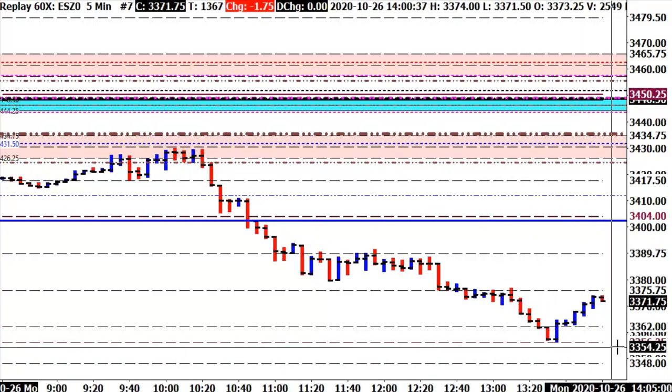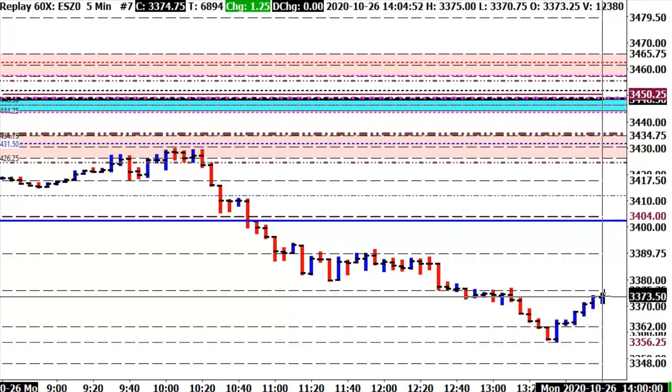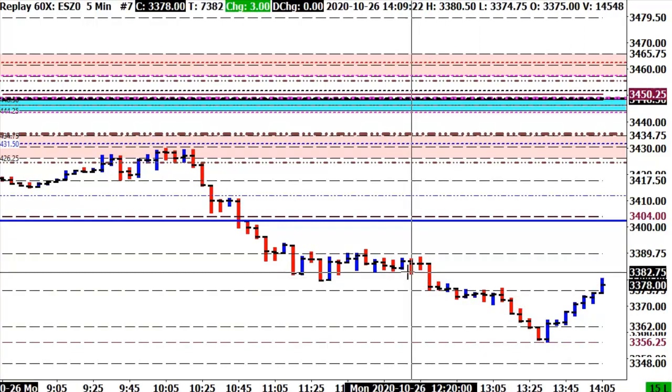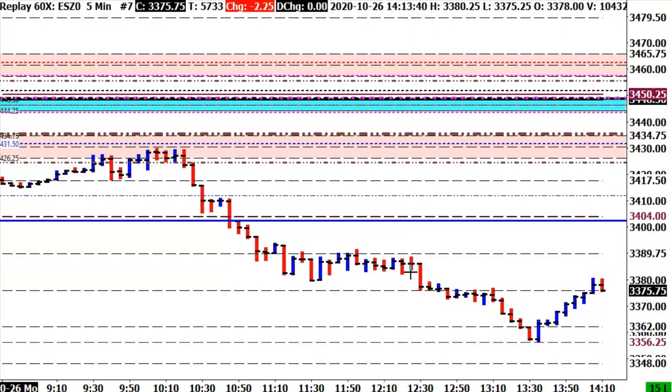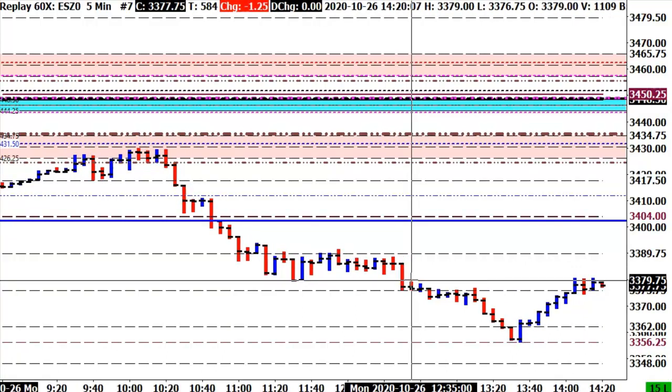But you'll see here, look at this, right? Literally right off the bottom, straight up. Now watch what happens when it gets to right in this area right here. Watch. See that? Look at that. So that paused it. Now watch this. It's pretty cool, actually.